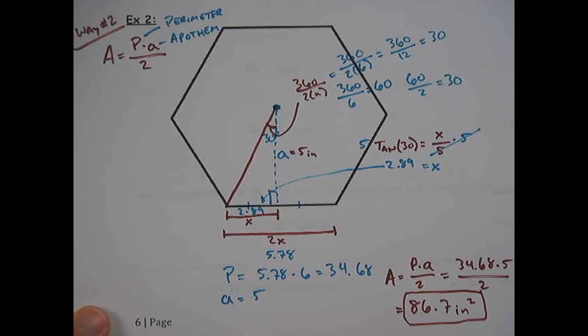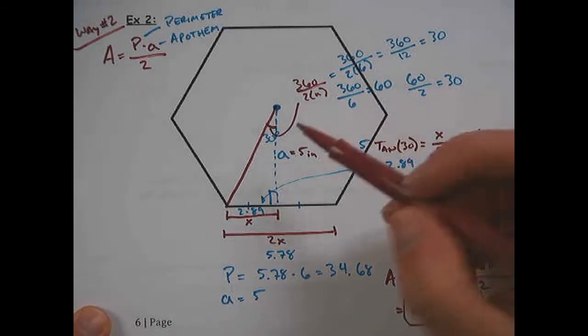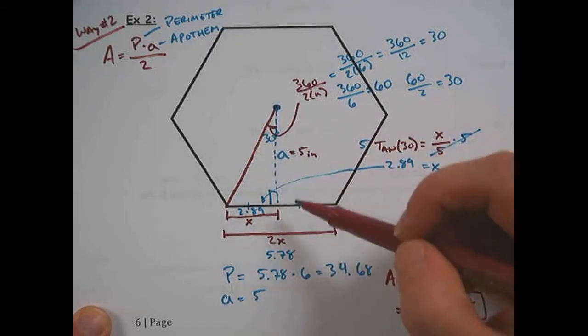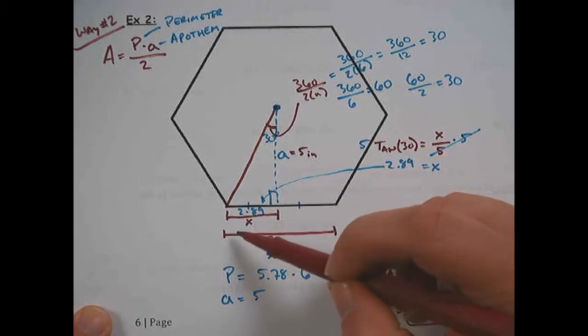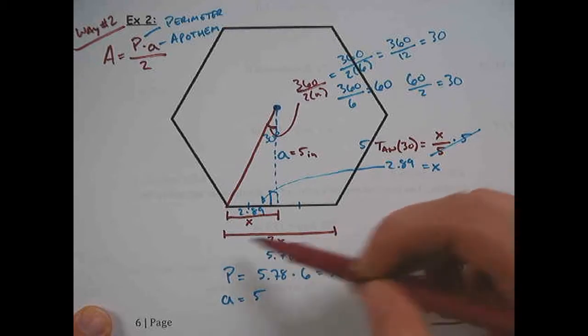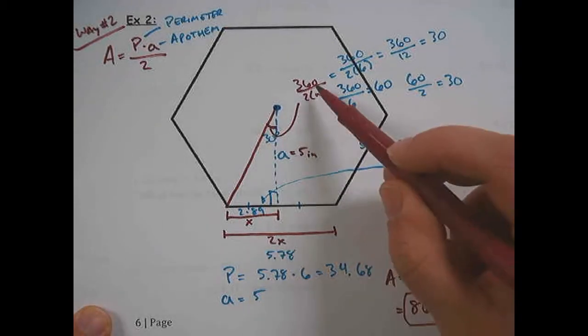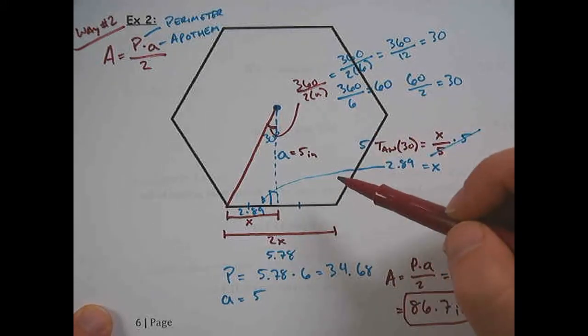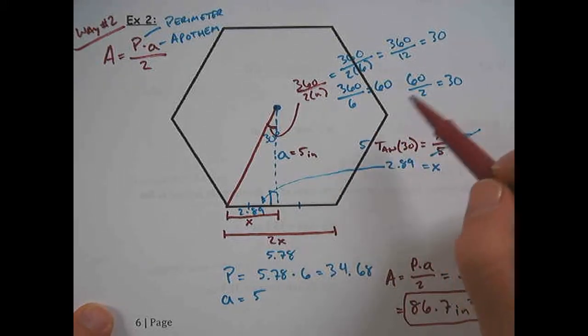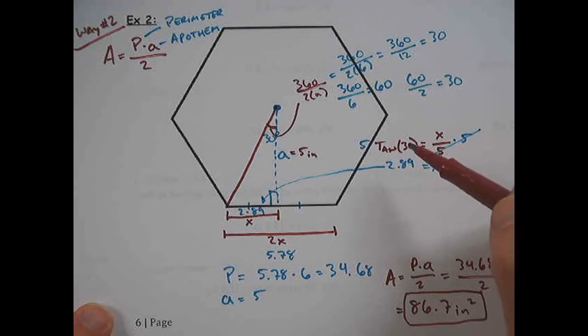Okay, so to kind of recap what we did for way 2, we drew our triangle. We know we're looking for our missing side and that this whole thing is 2 times our missing side. We found our angle by going 360 divided by 2 times the number of sides. So we got 30.